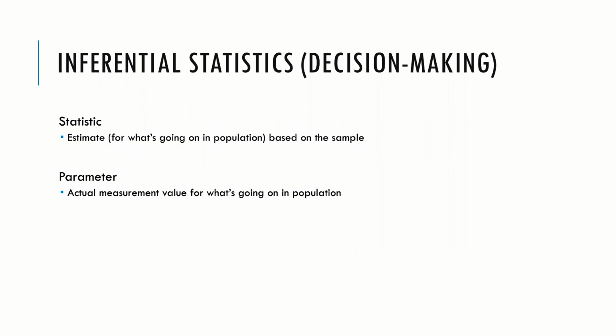Relatedly, you probably heard this before, the difference between a statistic and a parameter, right? They're both quote unquote estimates, right? A mean is a statistic, a standard deviation is a statistic, but they can also be parameters. The distinction here is that a statistic is specifically for a sample, and a parameter is specifically for a population.